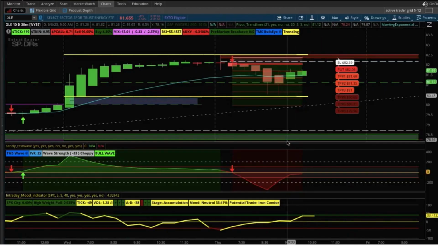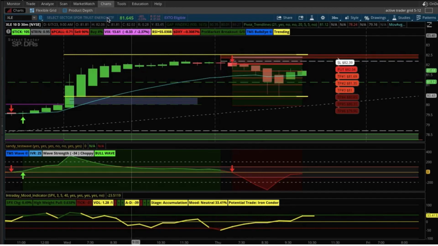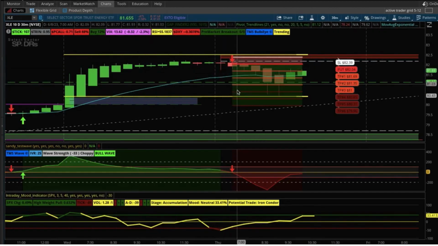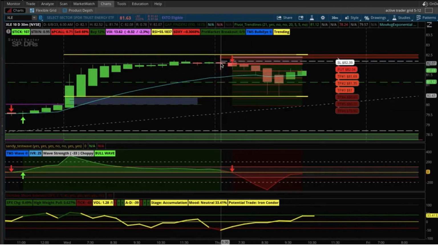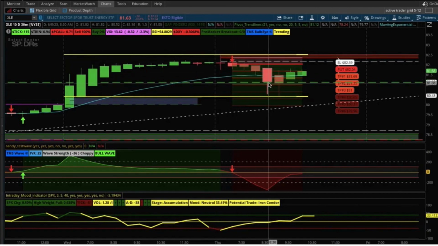Welcome back, traders. Just wanted to give you an update on that XLE automation. Looking at today's chart, I'm on Pacific Standard Time, but on Eastern Time you can see the stock actually went down this morning, and my buy-in was at 81.30.